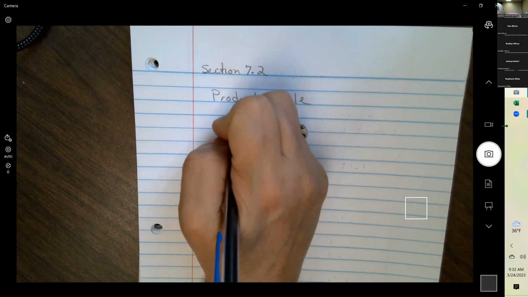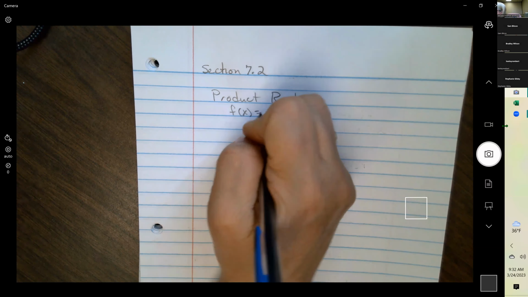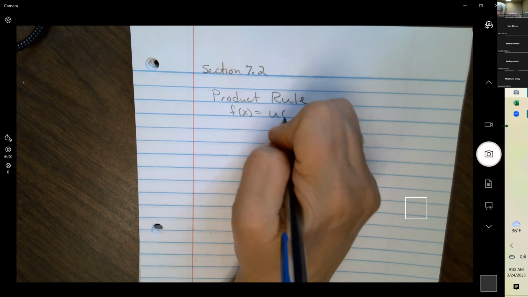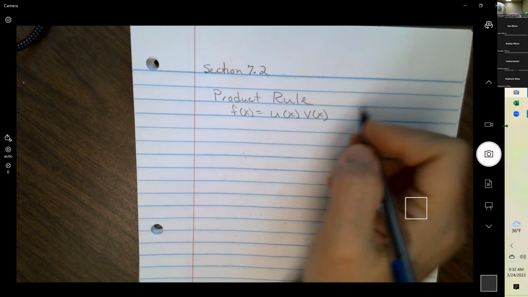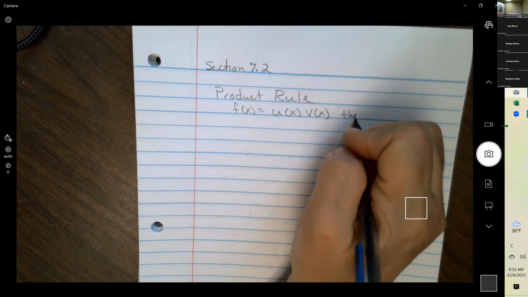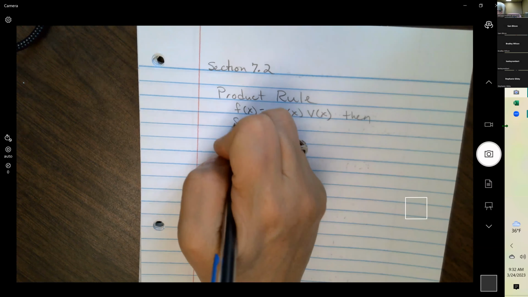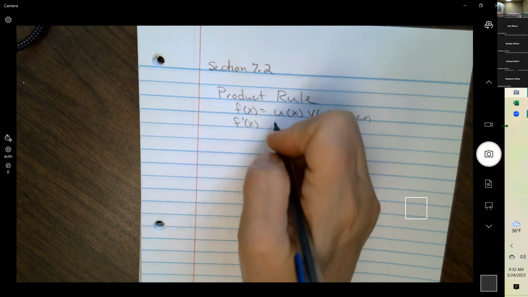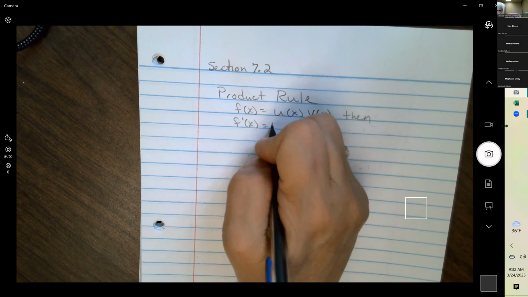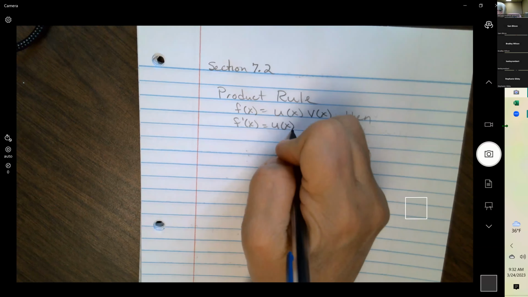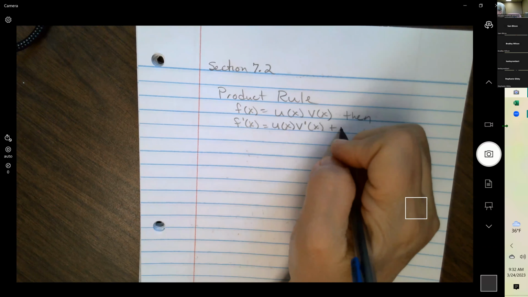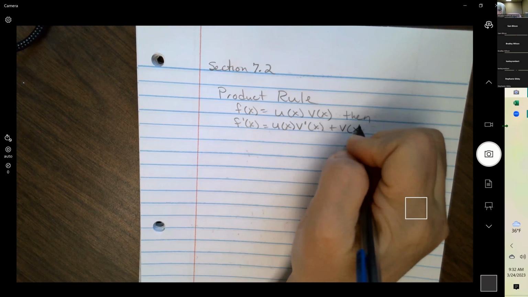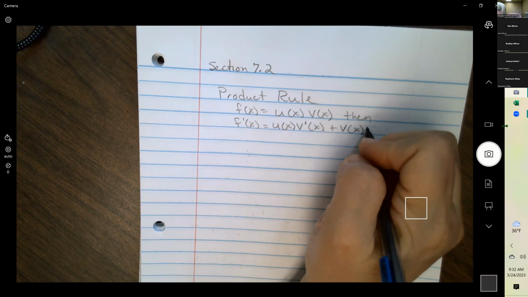So if your function is u times v of x, then the derivative is the first times the derivative of the second plus the second times the derivative of the first.